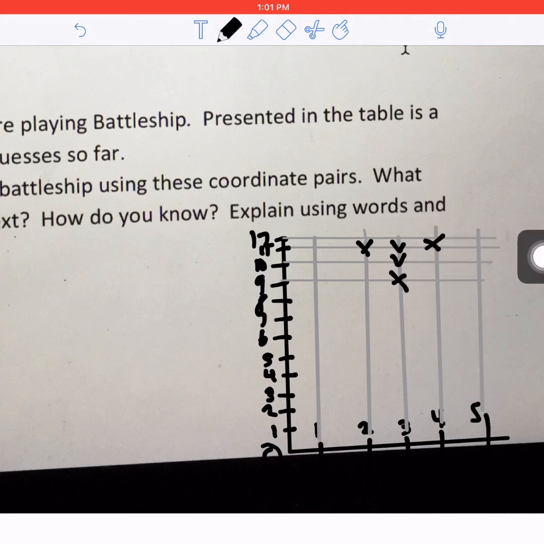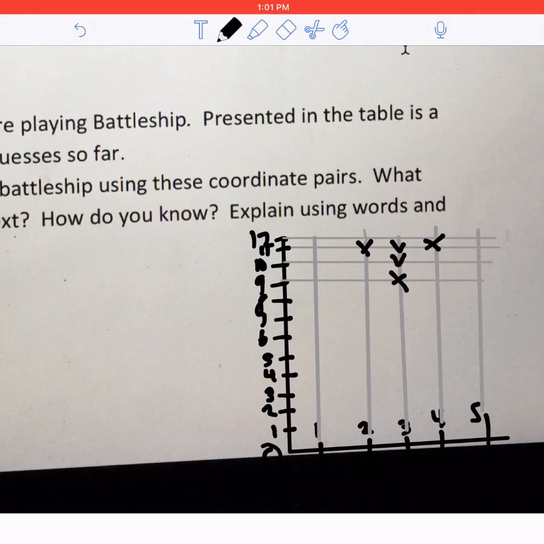I know that if those two hit, the battleship is about 3, sometimes 4 spaces, but 3 spaces. Battleships are also a straight line. They're not going to be in random places.